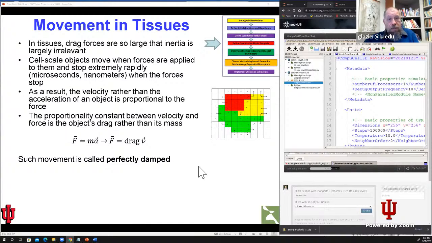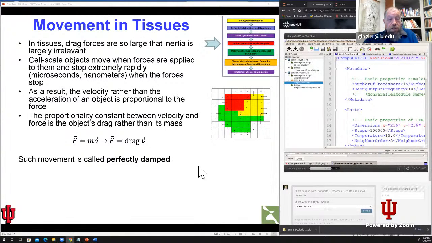At the scale of biological cells, inertia doesn't matter, except in very special cases. In particular, in blood flow, you have inertia. But in the movement of cells and tissues, there's no inertia.